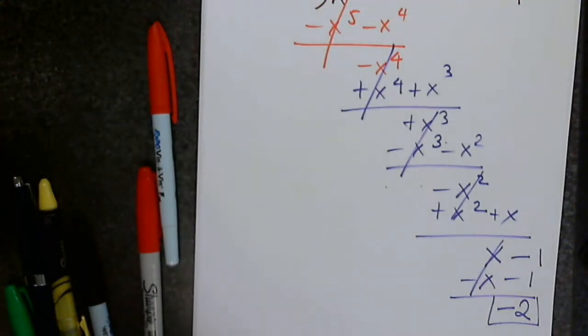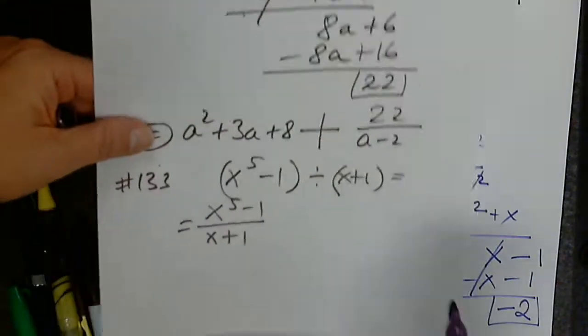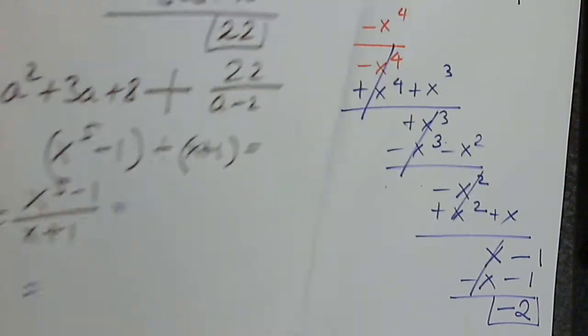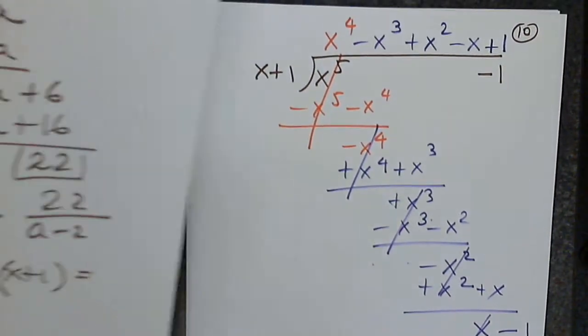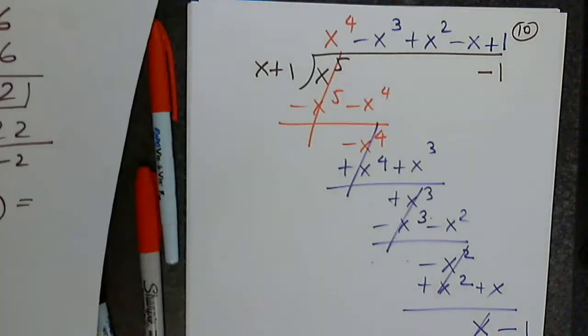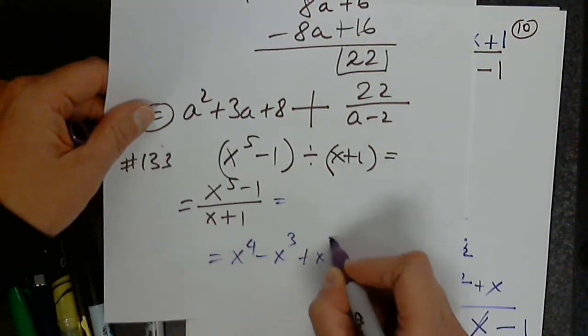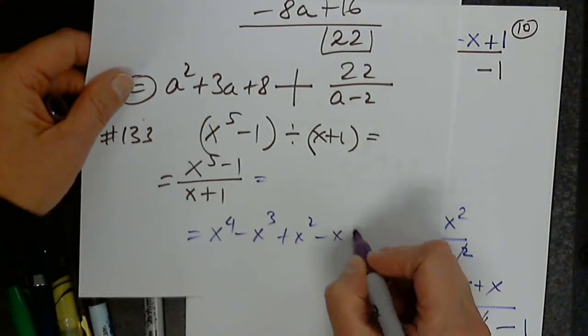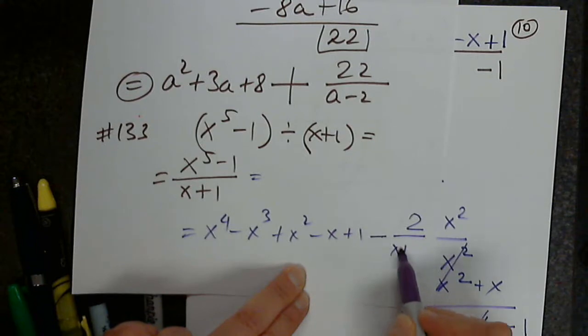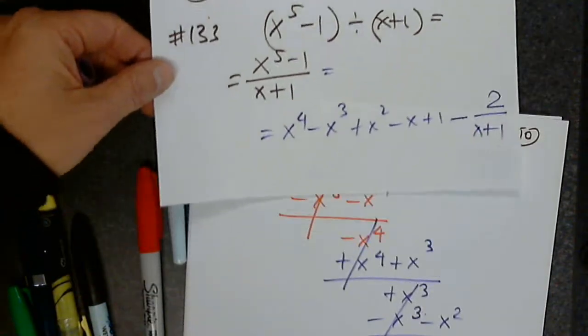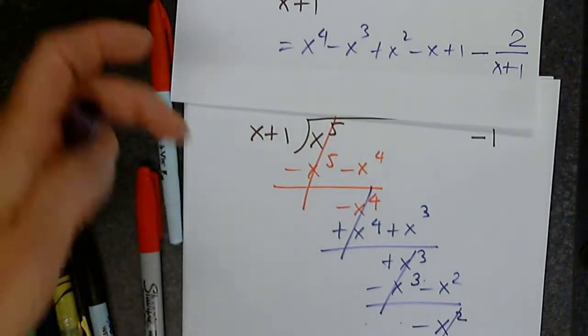So therefore, the final answer is, can anyone dictate? Minus x cubed plus x squared minus x plus 1 minus 2 over x plus 1. Very good. That is indeed the final answer.